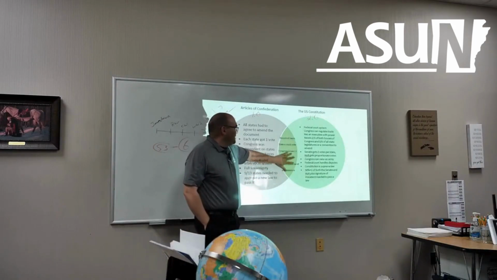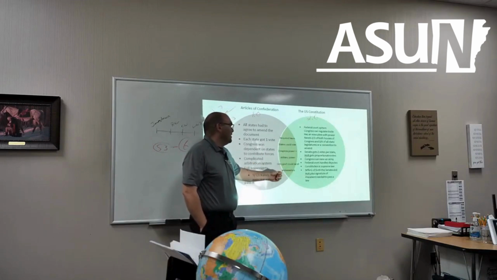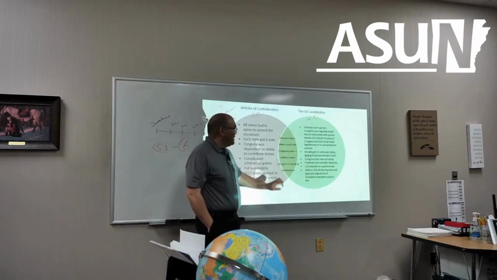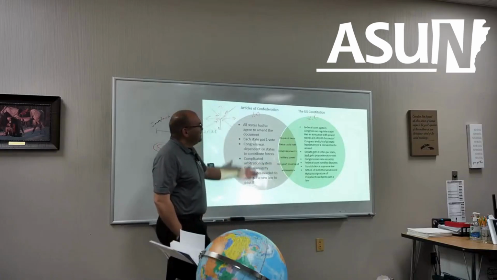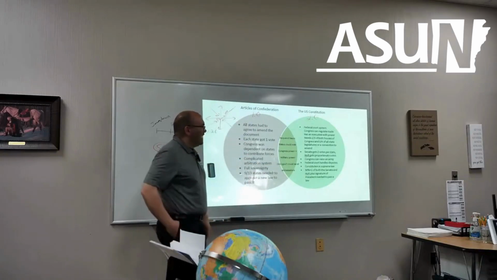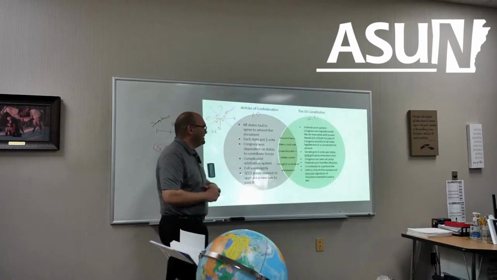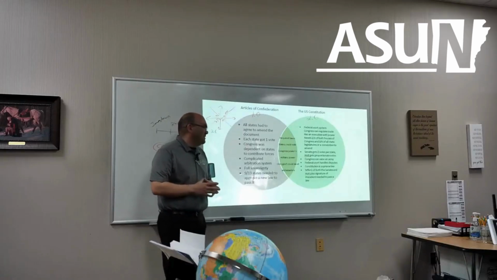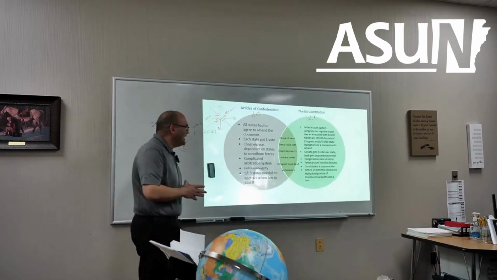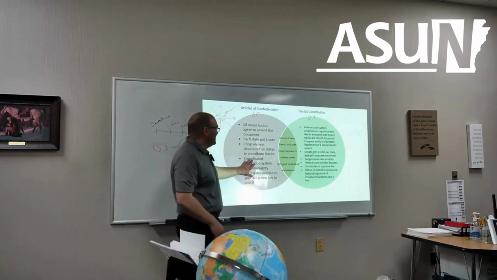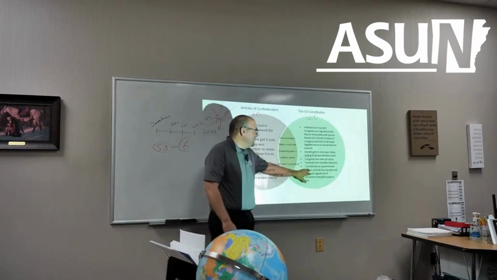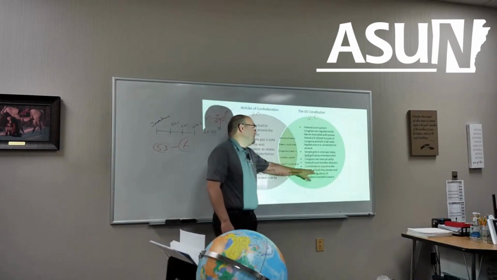And there's some things that both did right here. As you see, taxes, states could vote. There was a Congress. There was some military. But the U.S. Constitution, I would need 2 weeks probably to go through the entire U.S. Constitution and talk about the differences between them. But instead of the states being in charge, guess what this says? Constitution is the supreme law.